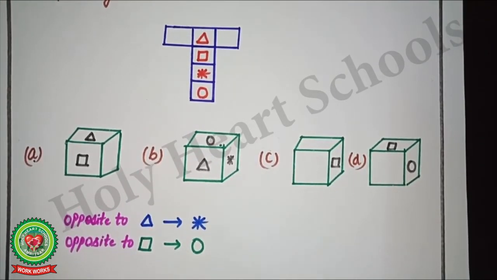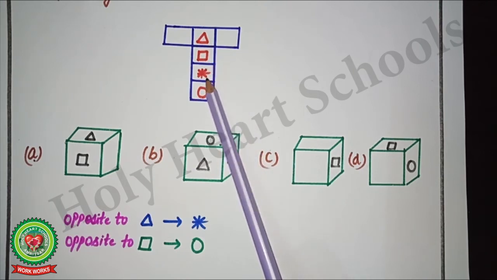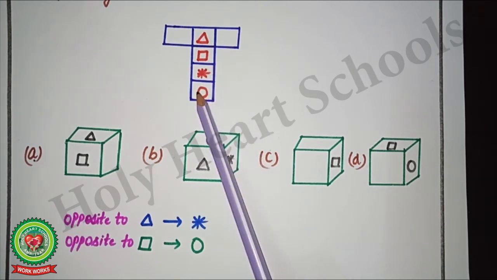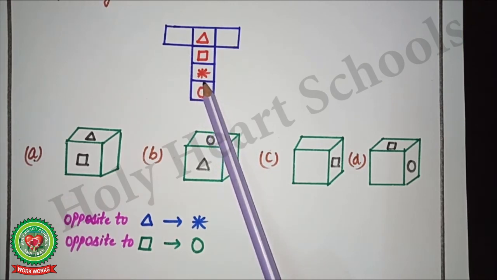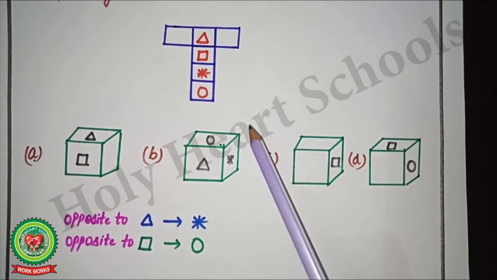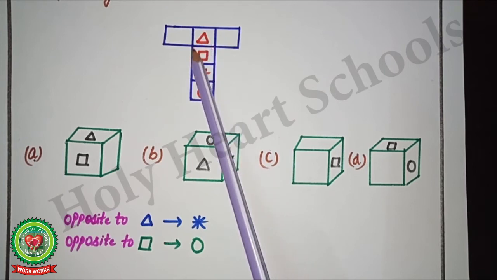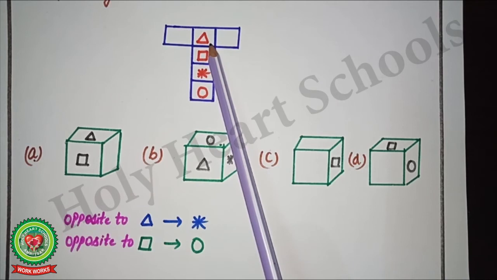In this question, we are looking at the numbers, letters, or symbols which are alternate to each other, right? For example, here you can see a triangle and a square, then a star and a circle. There will be opposite symbols, numbers, or alphabets, but here we will see the alternate numbers or symbols.